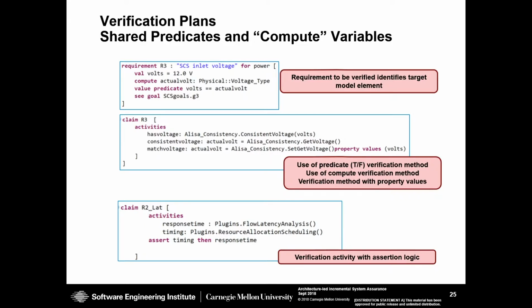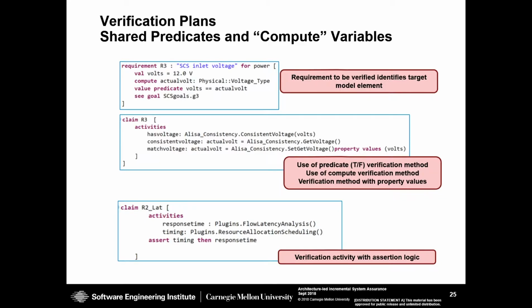A compute variable is like an unbound variable for a lambda expression, and the lambda expression itself would be the value predicate. So what we see there is we have volts, which is the constant, which is the expected value, and the compute variable will contain the value that comes back from a verification activity.